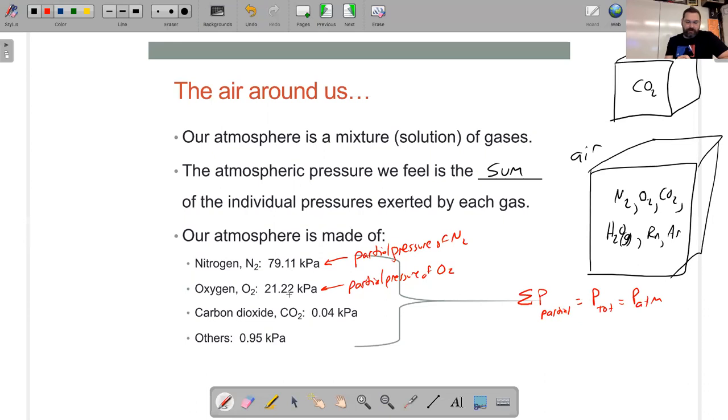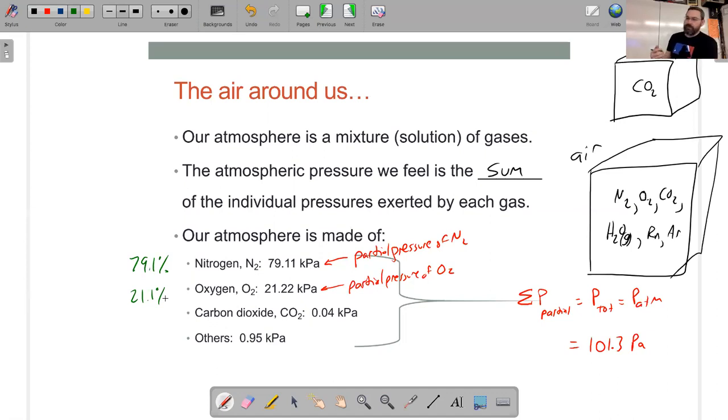So the pressure of nitrogen plus oxygen plus carbon dioxide plus all the other gases for our atmosphere comes out to be about 101.3 kilopascals. It also means that the atmosphere is about 79% nitrogen and 21% oxygen by composition.